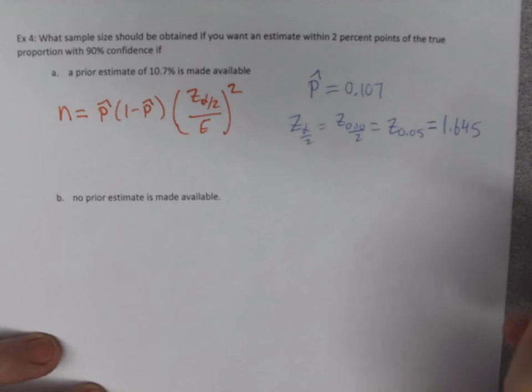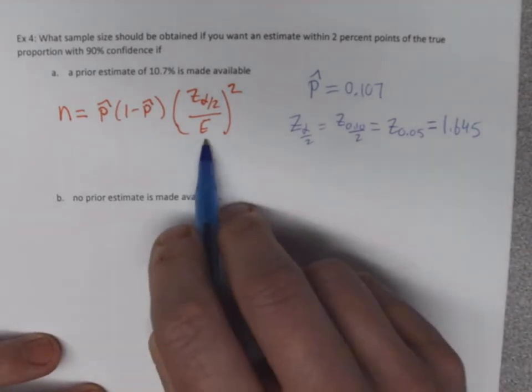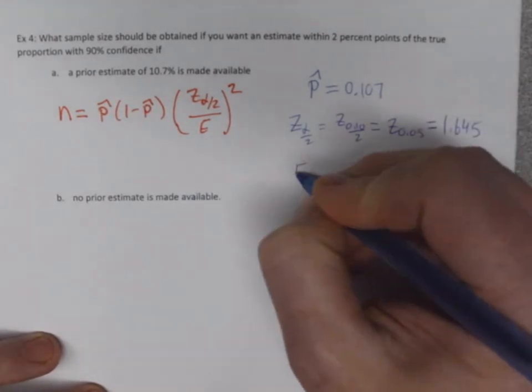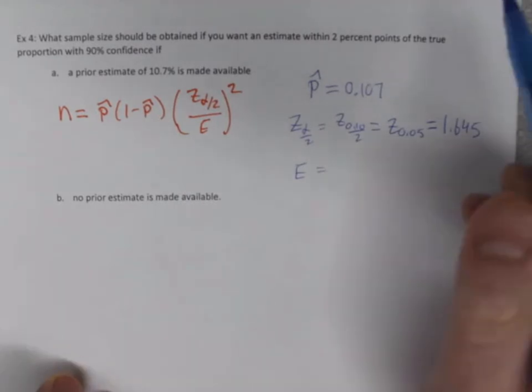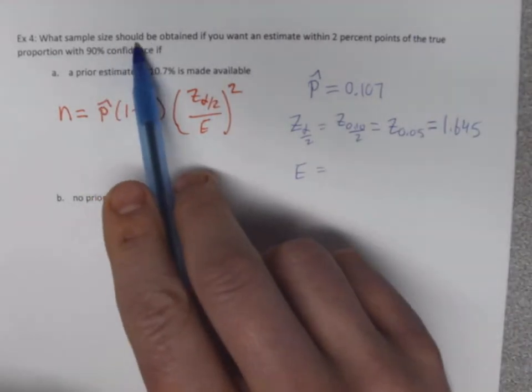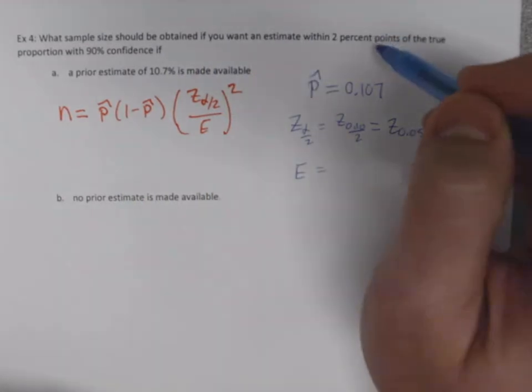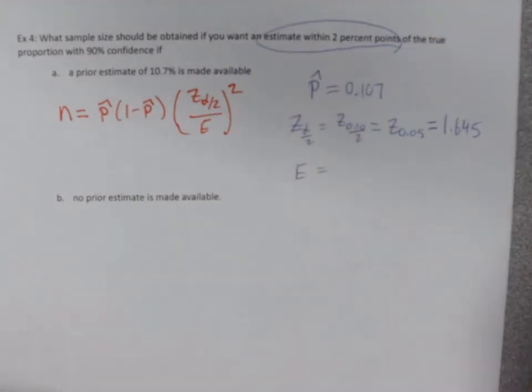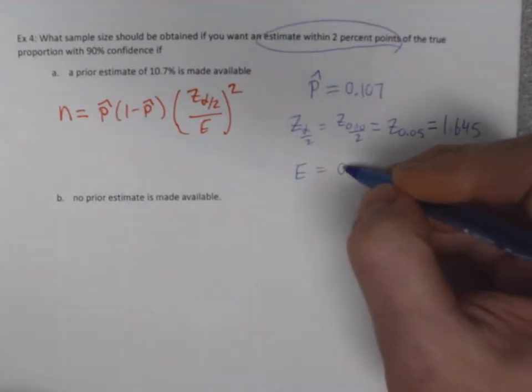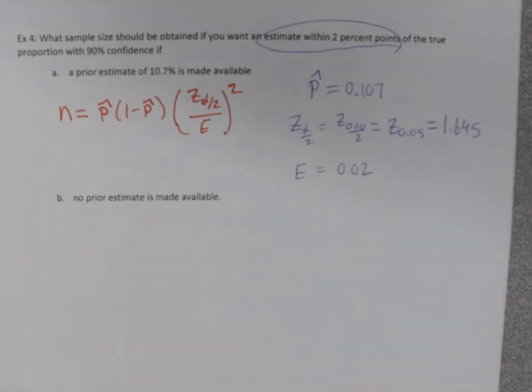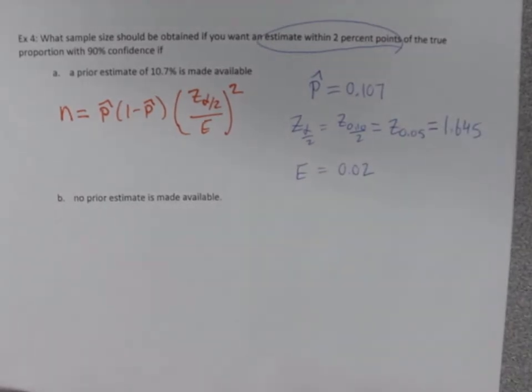And then the last thing we need to know is E. It's given to us. What sample size should be obtained if we want an estimate within 2 percentage points? That tells us E is 0.02. Two percentage points means 2%.